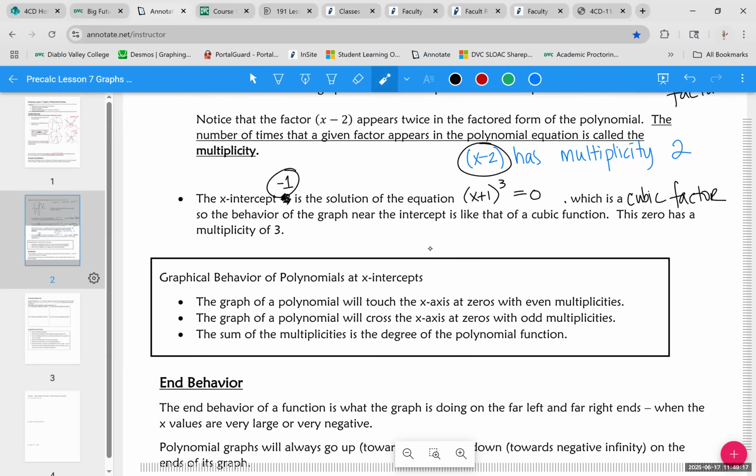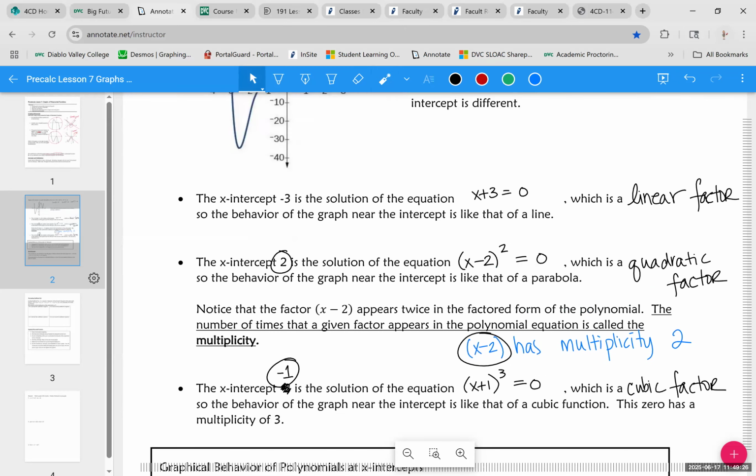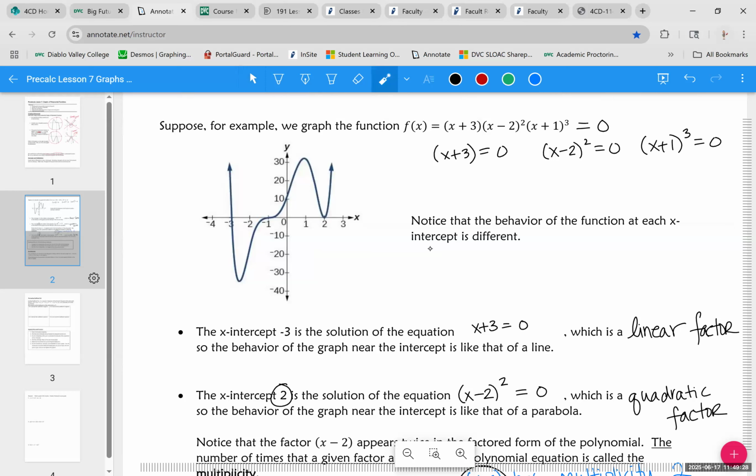And what's really important to realize is that the sum of the multiplicities is the degree of the polynomial function, right? So if we were to have multiplied this whole thing out, we would have had 1, 2, 3, 4, 5, 6, x to the 6th as our highest power of x, and that would have been the degree of the polynomial.